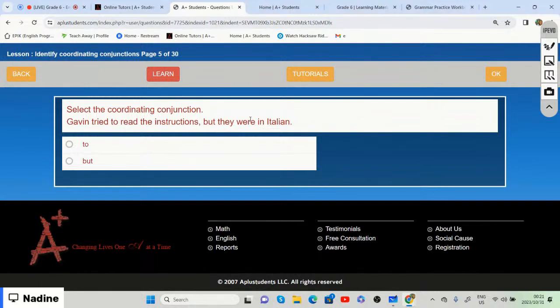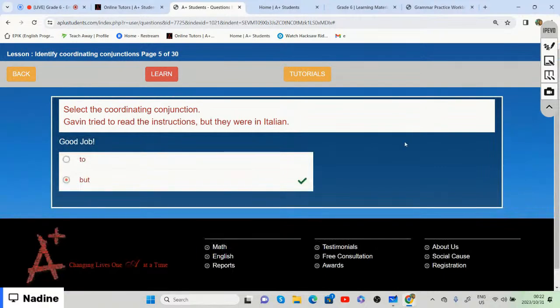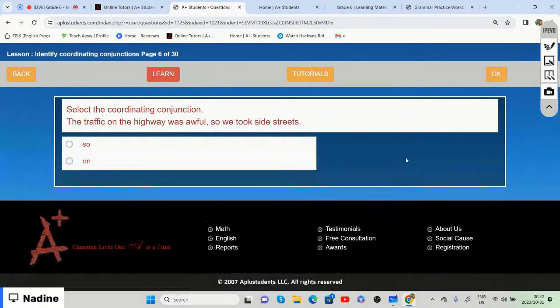All right, so we say Gavin tried to read the instructions, but they were in Italian. So "but" is our coordinating conjunction. Yeah, "but" is correct.